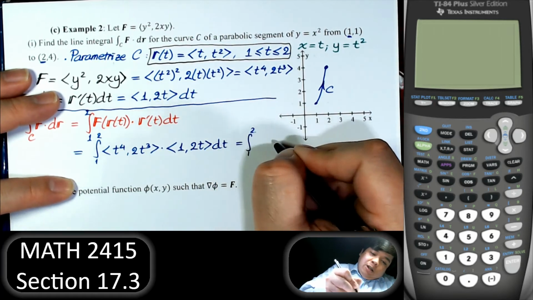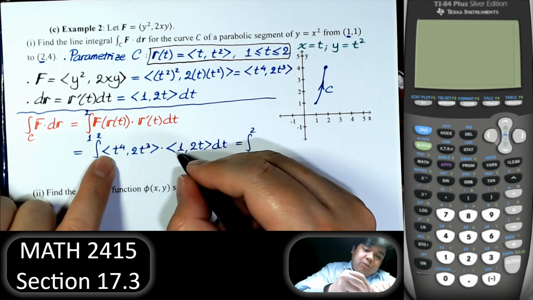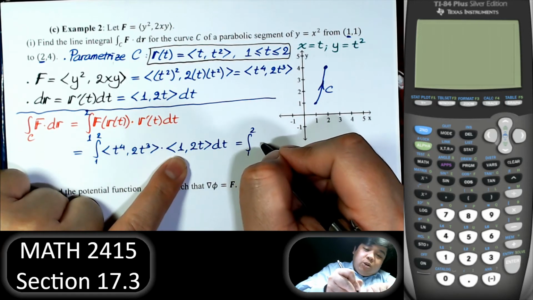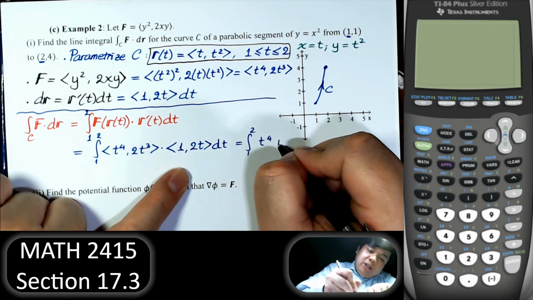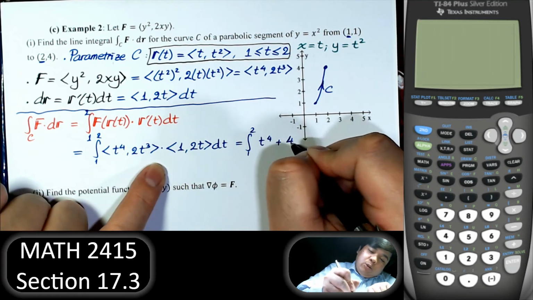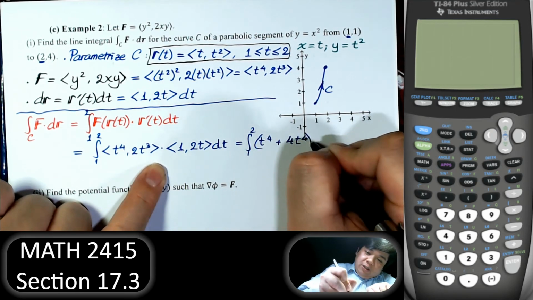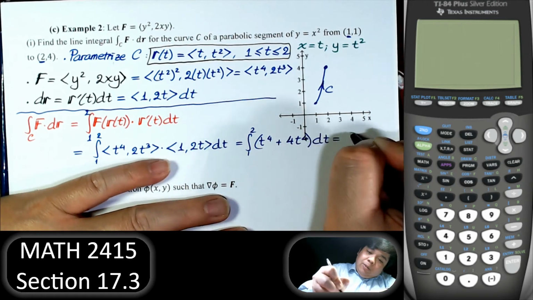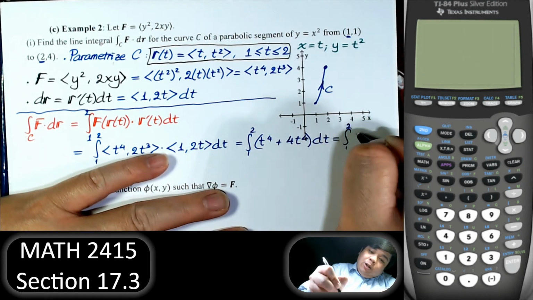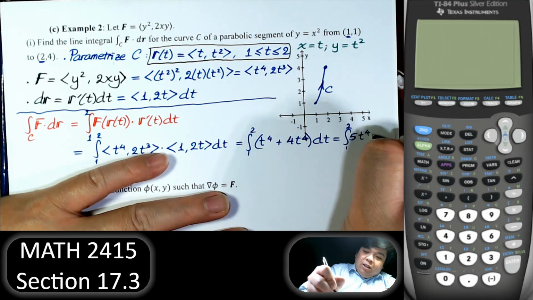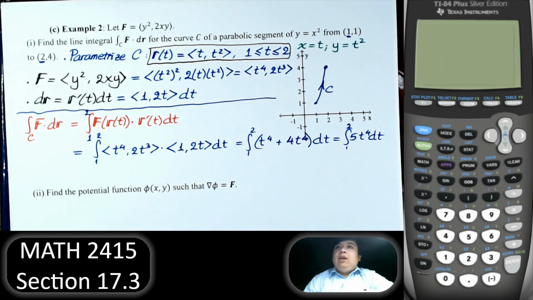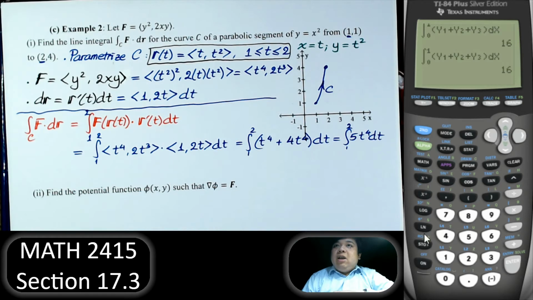So the dot product: t to the 4th times 1, and 2t cubed times 2t. That's 4t to the 4th power. So we have 5t to the 4th power dt. Right, so that's simple enough.